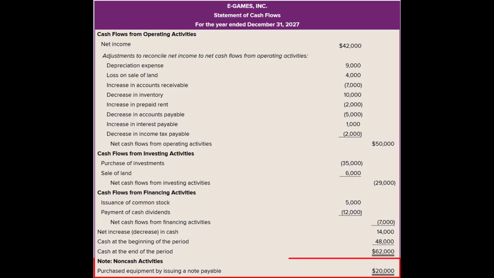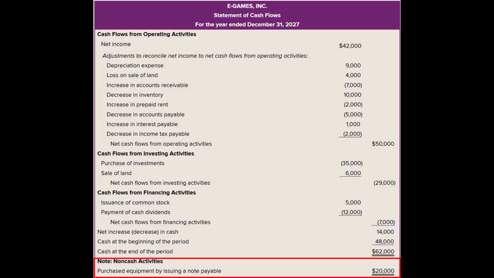Now, look at the very bottom of that statement. There's a note, non-cash activities. This is a critical concept. Sometimes, a company has a significant investing or financing transaction that doesn't involve cash at all. For example, what if eGames purchased $20,000 worth of new equipment, but instead of paying cash, it signed a long-term note payable directly with the seller?